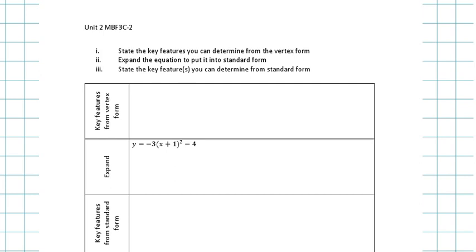I'm going to write the question here again: y equals negative 3 times (x plus 1) squared minus 4. What can you tell me from the vertex form? What's the key feature? What's the vertex? Negative 1 and negative 4.